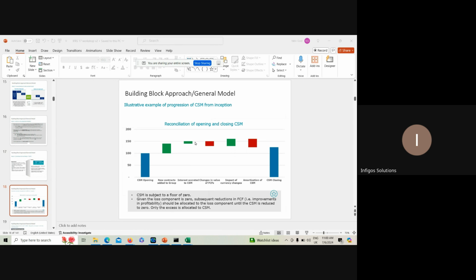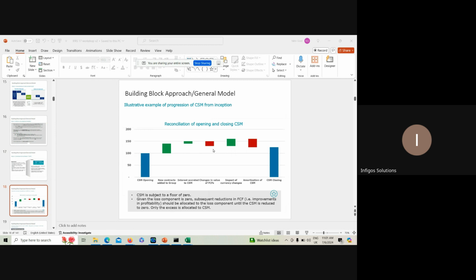So let's look at how the CSM works. You have CSM in the beginning of 100, and then new contracts get added up here. After new contracts get added, it goes up to 140, and then interest accreted, it becomes 150.